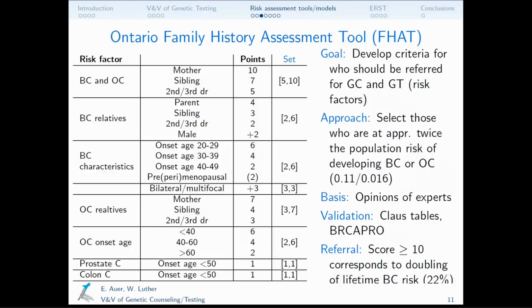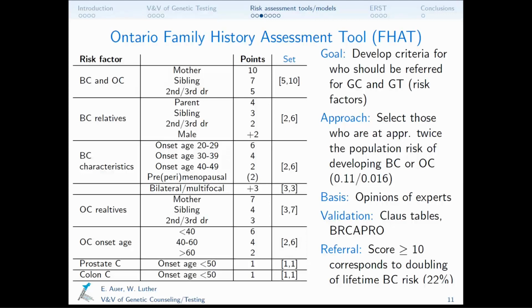That was the reason behind developing the next 3 assessment tools I'm going to show you, beginning with the family history assessment tool. The goal of this tool was to develop criteria for who should be referred for genetic counseling and testing, risk factors, in such a way that they are easy to work with in the conditions of a common doctor's office.